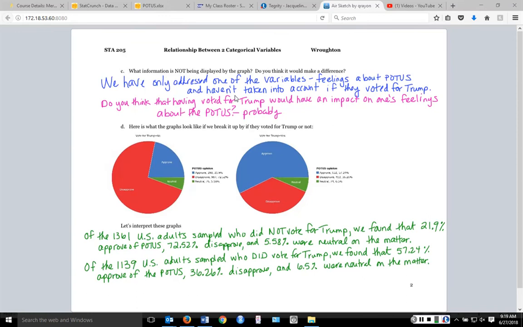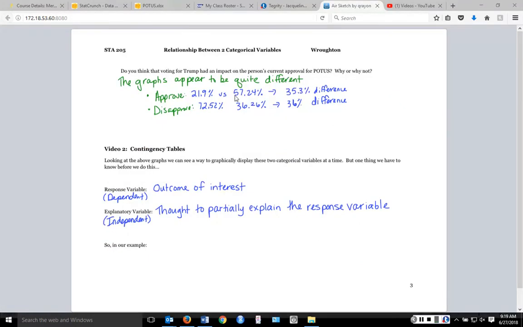So that is going to be our response variable. Now, what we might think can explain their feelings about the president is if they voted for Trump or not. So that is going to be our response and our explanatory variable for our example.